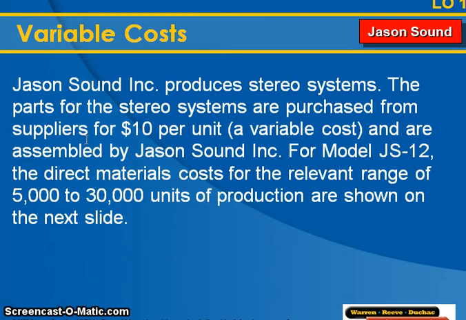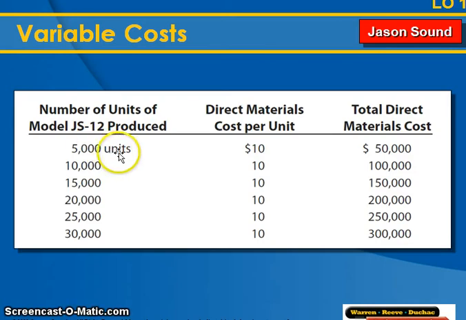So what we're doing here is making 5,000 stereos, 10,000 stereos, 15,000, etc. The direct materials cost for each one of those stereos is $10 a piece. So if we're making 5,000 stereos and the direct material cost is $10 a piece, then our total direct materials cost is $50,000. If we're making 10,000 stereos at $10 a piece, then our direct materials cost $100,000.